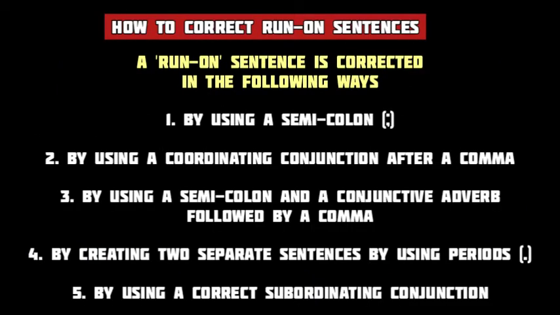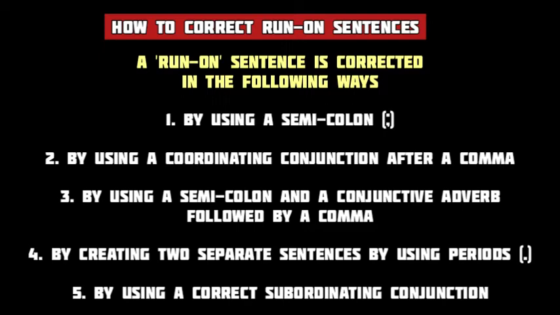Now let's learn how to correct these run-on sentences. You see, there are five ways to correct run-on sentences. First, we may use a semicolon in place of the comma splice. We may also use a correct coordinating conjunction after the comma to join the two independent clauses in a run-on sentence.